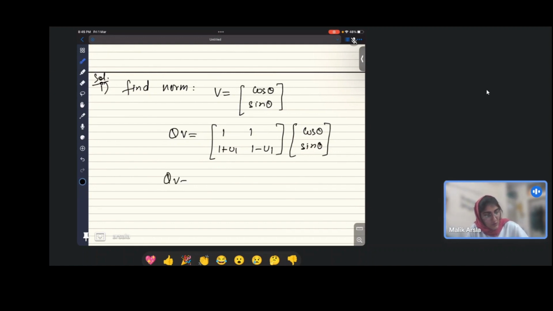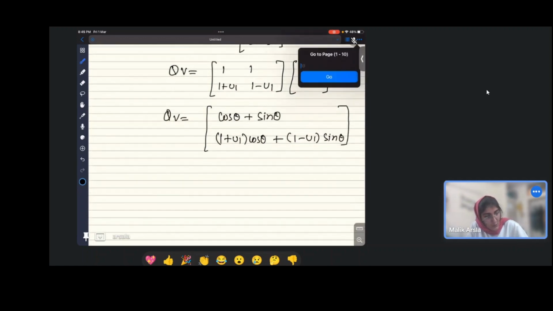Qv is coming out to be cos theta plus sin theta, and 1 plus u1 into cos theta plus 1 minus u1 into sin theta, right?